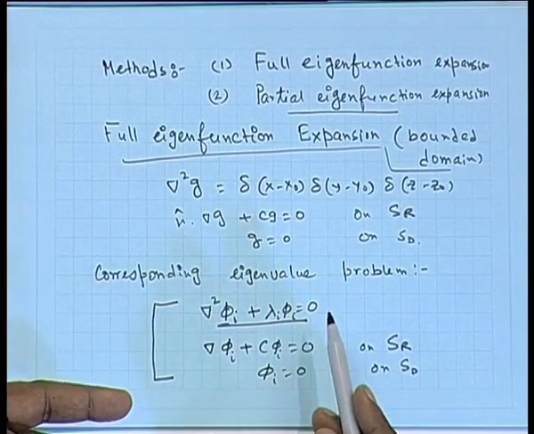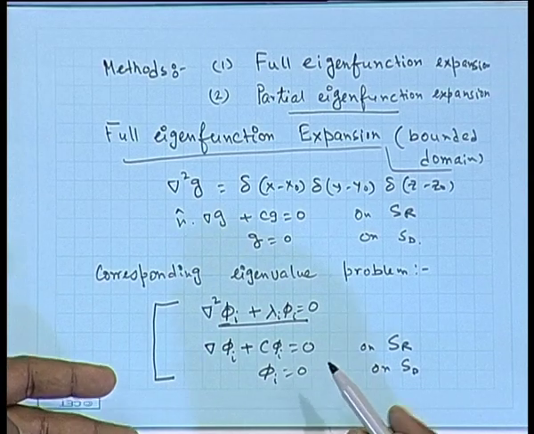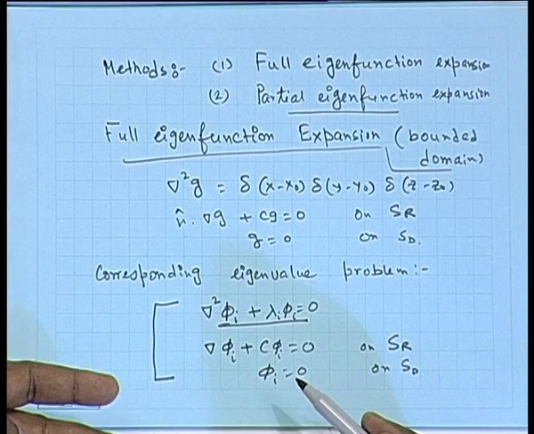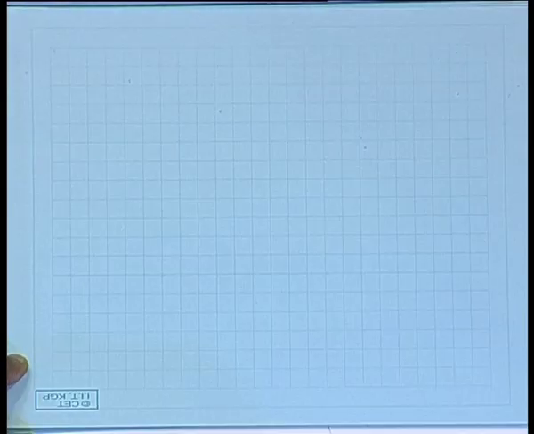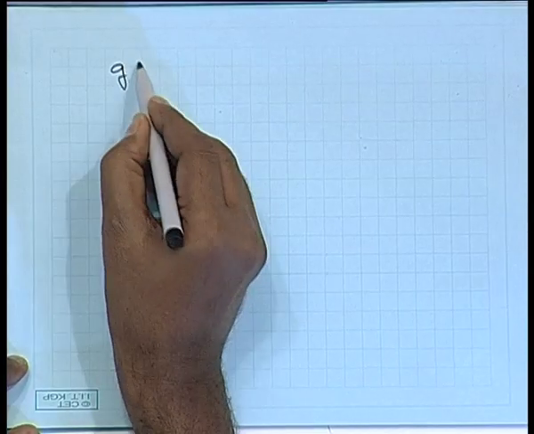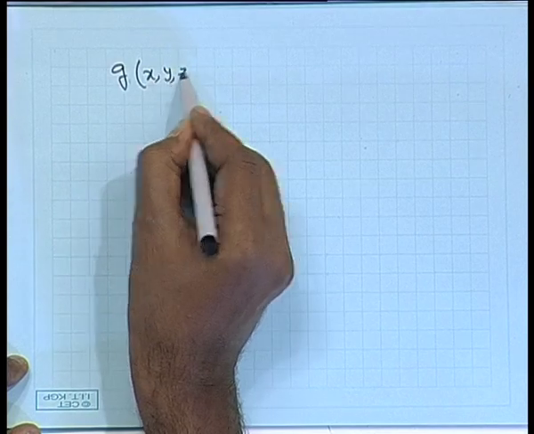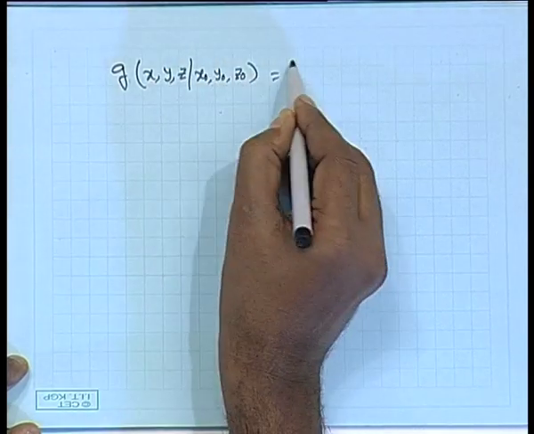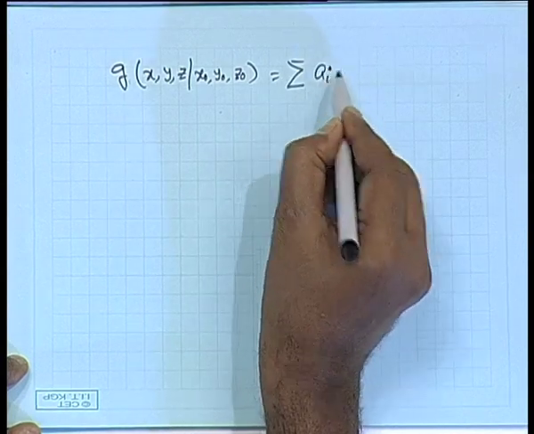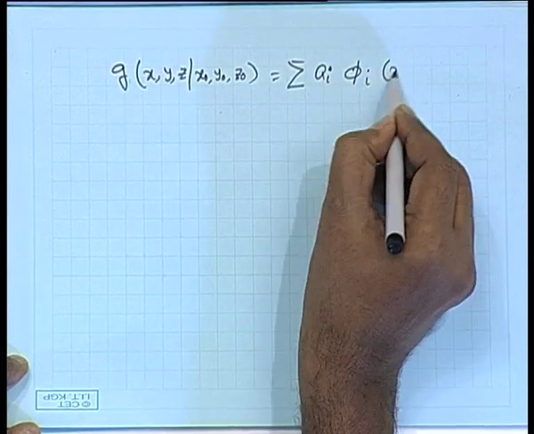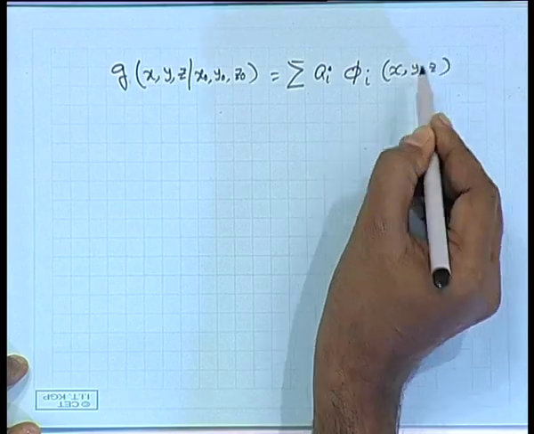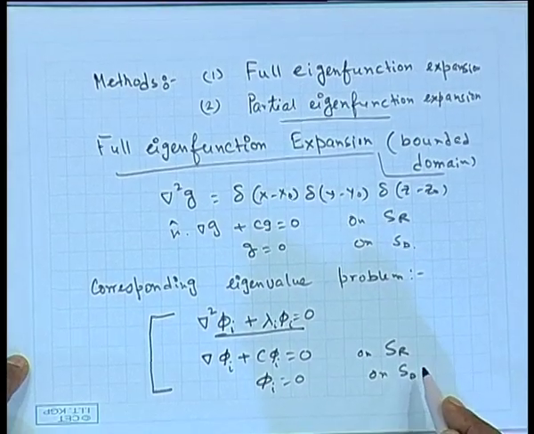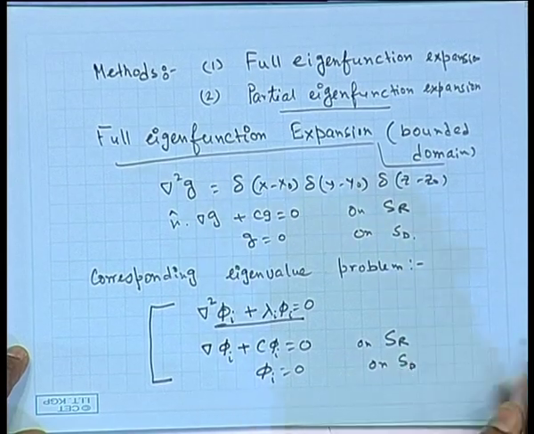Now the Green's function is expressed in terms of the summation of these eigenfunctions. Let us say by solving this standard eigenvalue problem, the solution you will get is phi I of x, y, z.